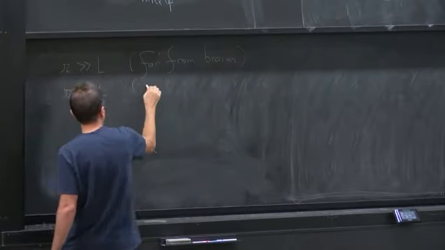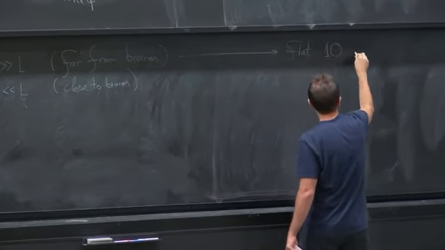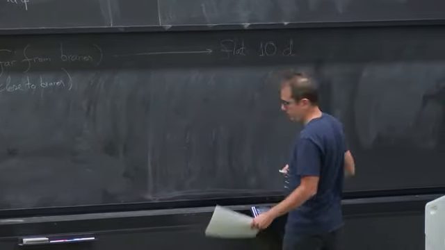Right, that makes sense. There are the branes, you go very far away, you see flat space. So if we go very far from the branes, we get flat 10-dimensional space-time.